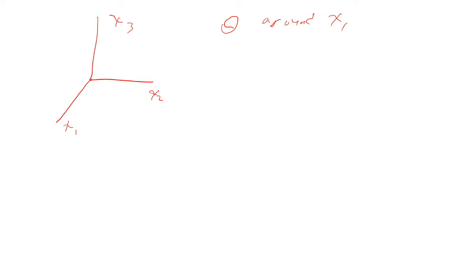So we align our thumb along the axis that we want to rotate about. Make your fingers point in the next axis. So for x1, our fingers are going to point to x2. For rotating about x2, our fingers point to x3.